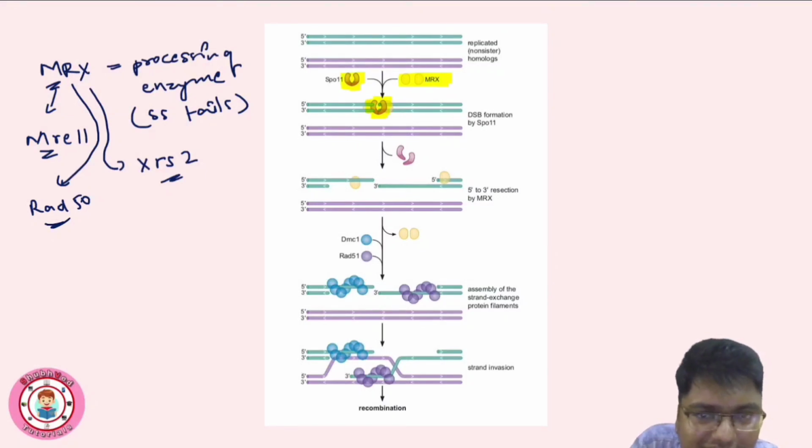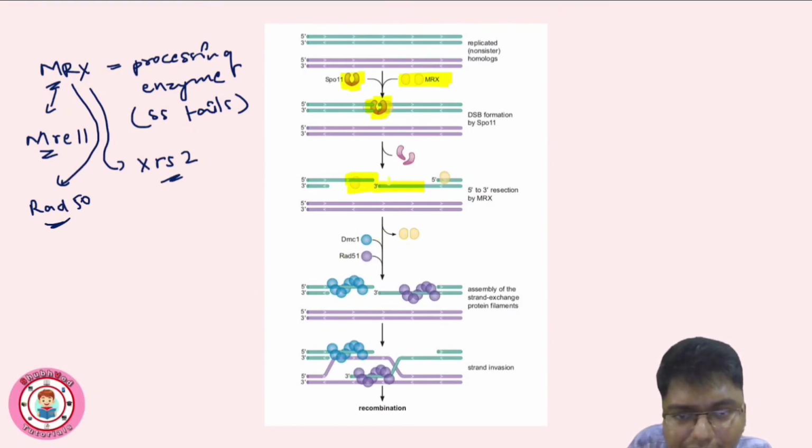Mr. X, we can say. So M stands for MRE11, R is for RAD50, and X is for XRS2. So Mr. X, we can remember like this in eukaryotes, performing the work of processing, giving rise to the single strand tails. See. Now this will go inside, strand invasion.